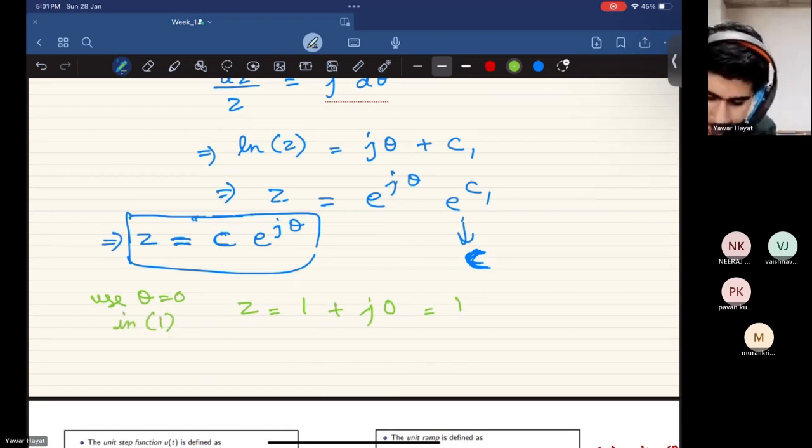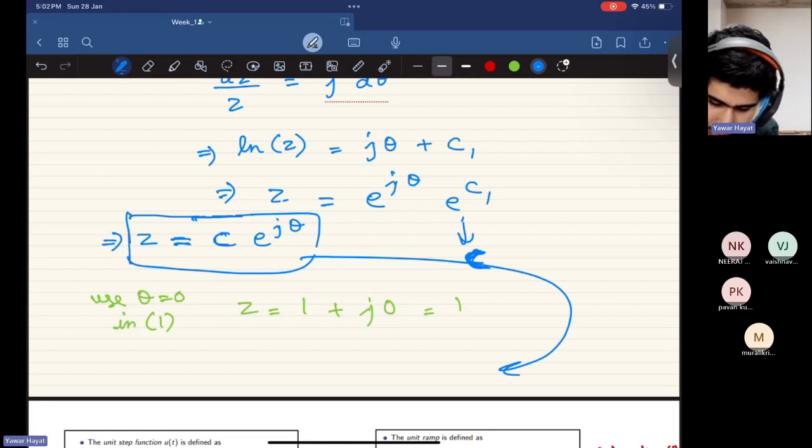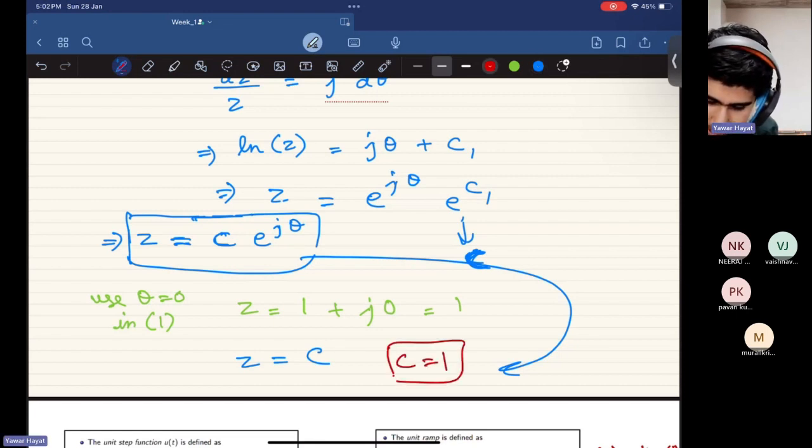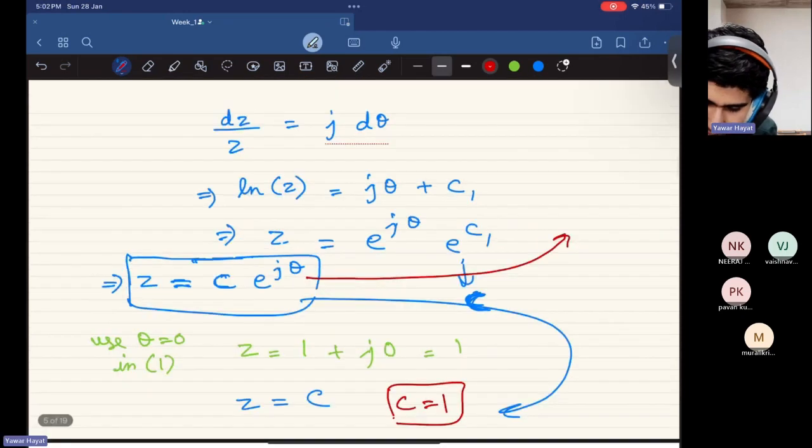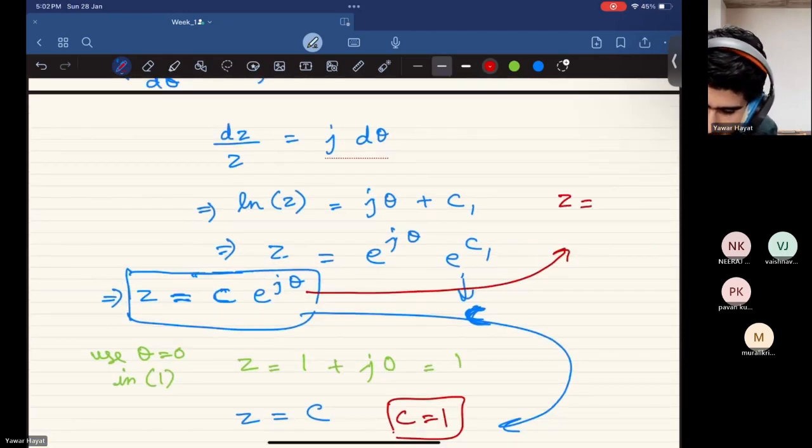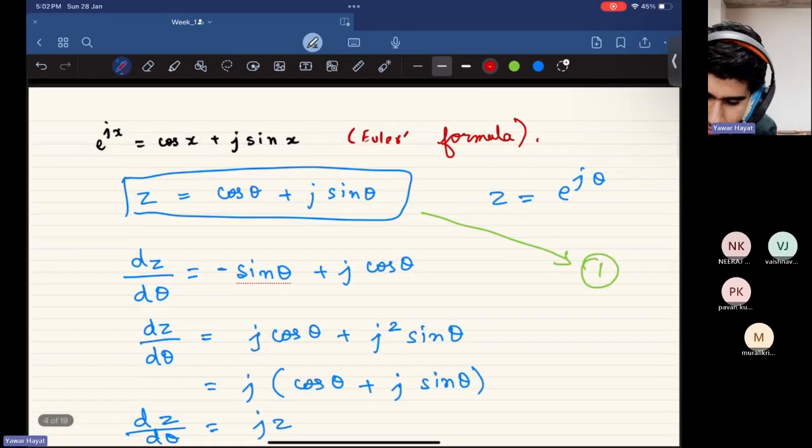Now from the exponential form, if I use theta equal to 0, I get z equal to c, because e power j times 0 is e power 0, that is 1. From the first I got z equal to 1, so I can conclude that c is 1. This then becomes e power j theta, which is what I had to prove.